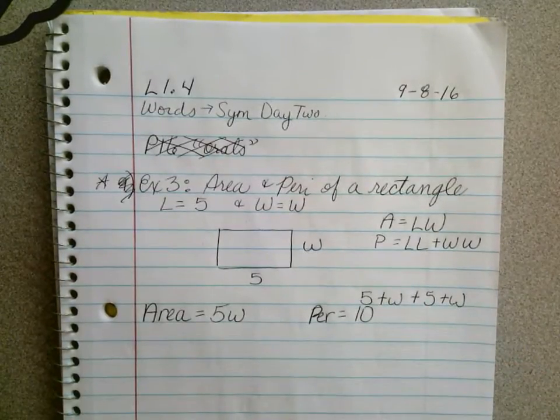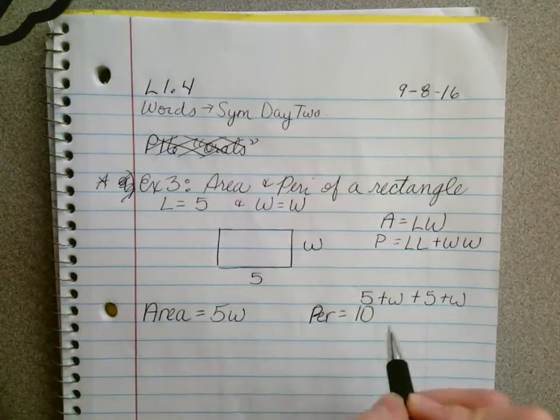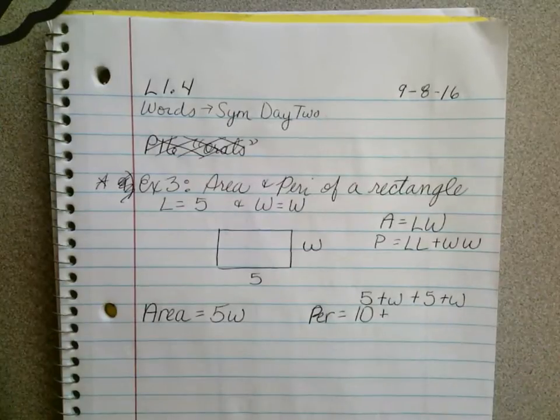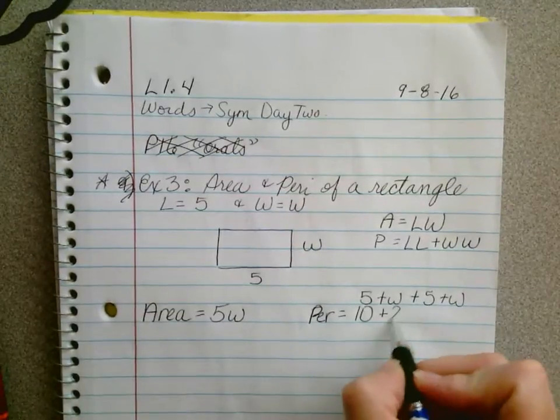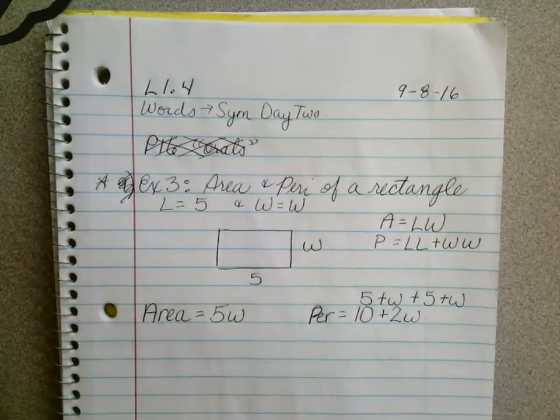Now, is that in simplest form? In other words, is everything combined? Lizzie, how would you combine that? Good, so 5 plus 5 is 10. What's 1W plus 1W? Nope, 1W plus 1W is 2W. Good, and there's your answer. That is it in a nutshell.